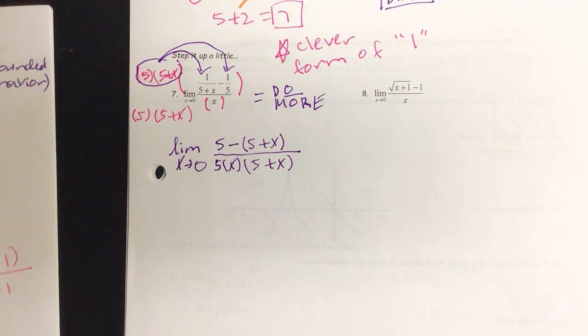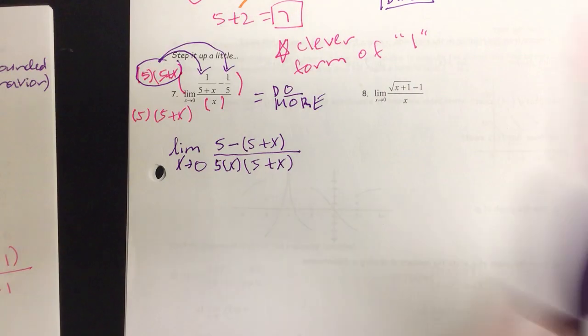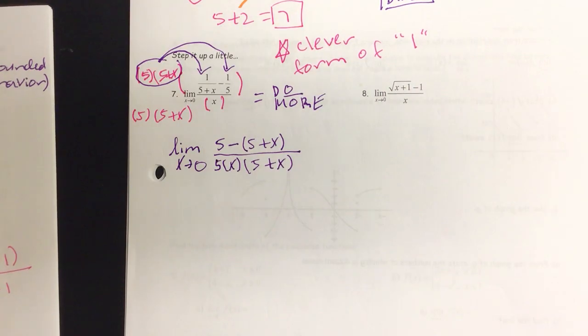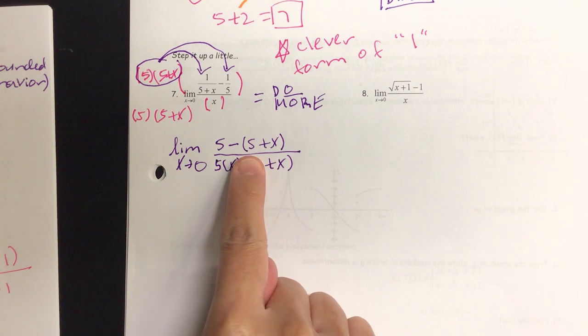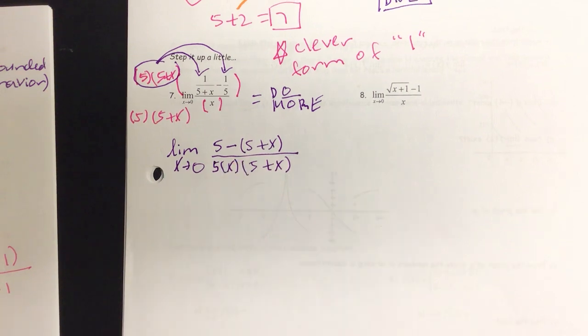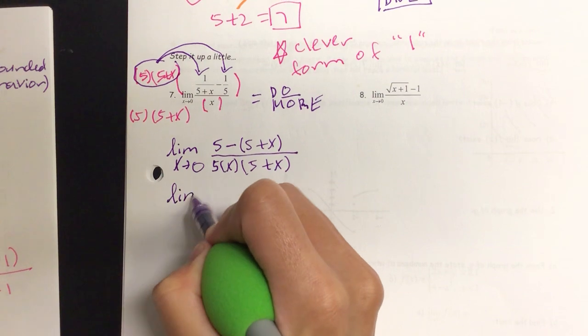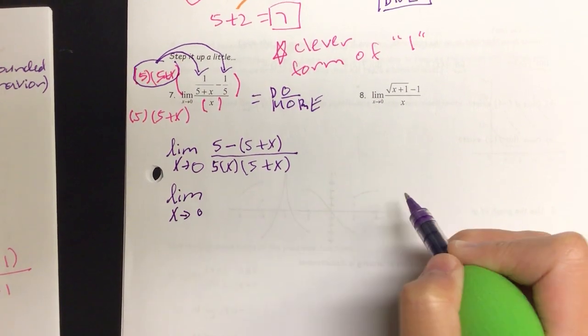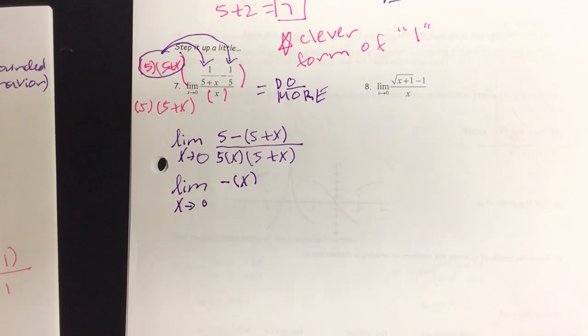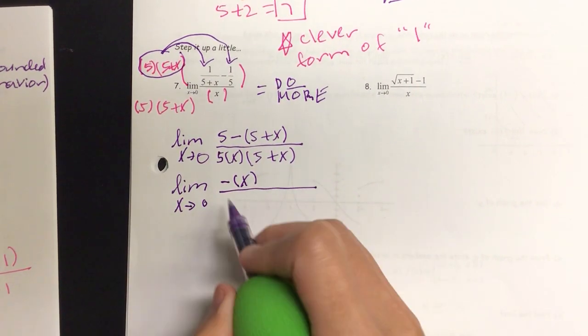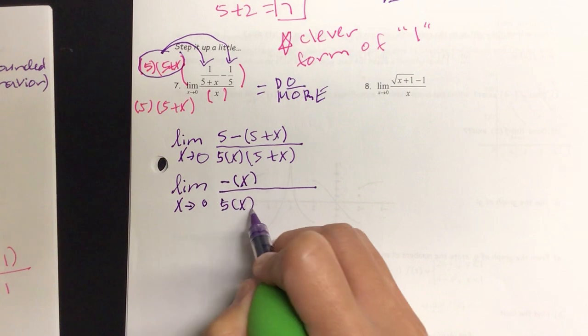Okay, let's see if we can simplify the top. On my top, do I have a 0 pair? 5 minus 5 is 0. So then I'm going to write out limit as x approaches 0. I just have the negative and the x. I like parentheses, so I'm going to use them quite often. The bottom, let's leave it as it is.